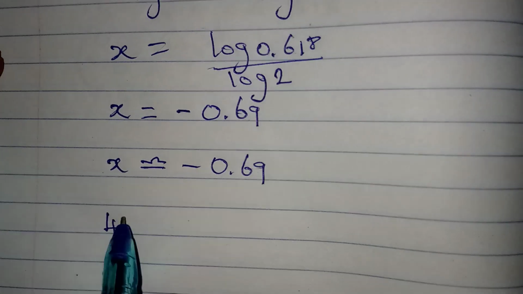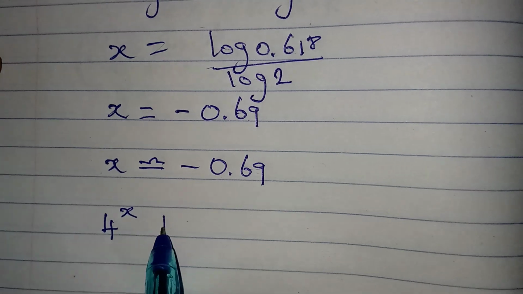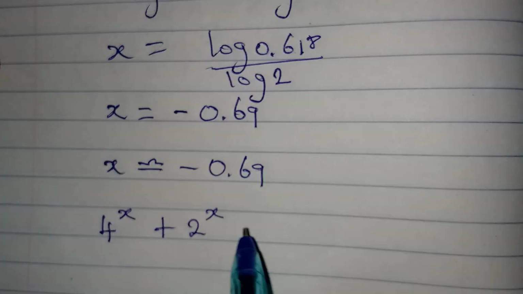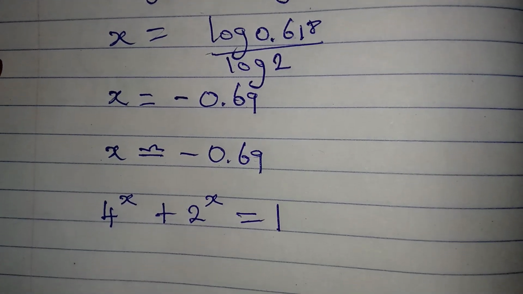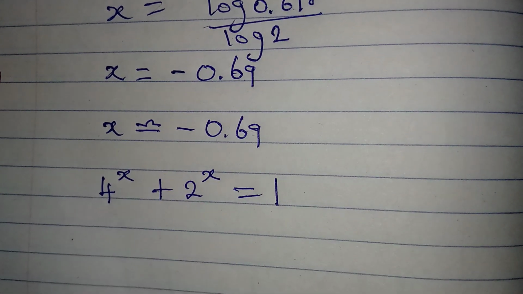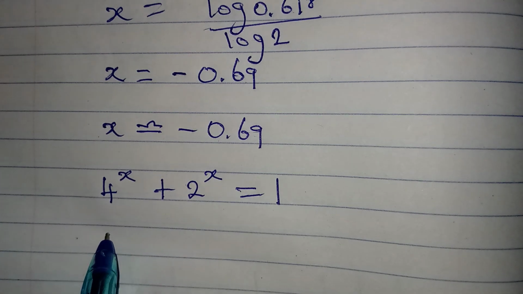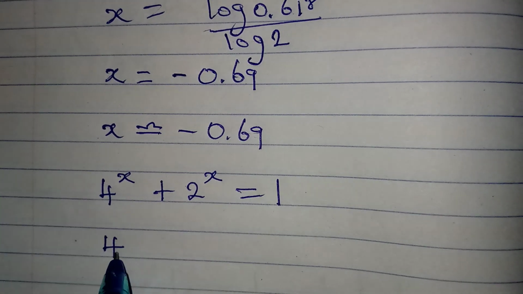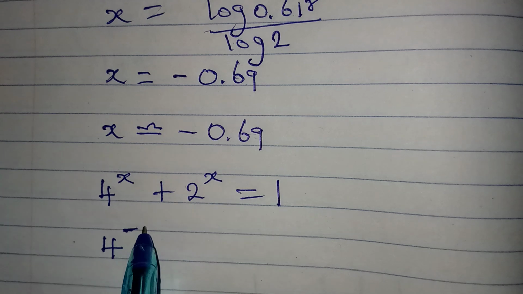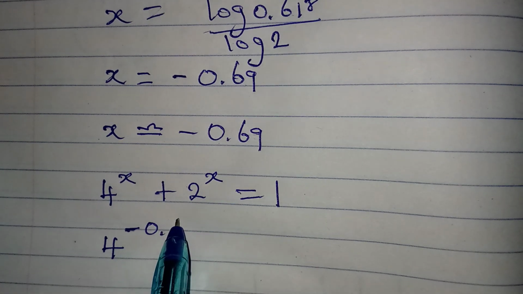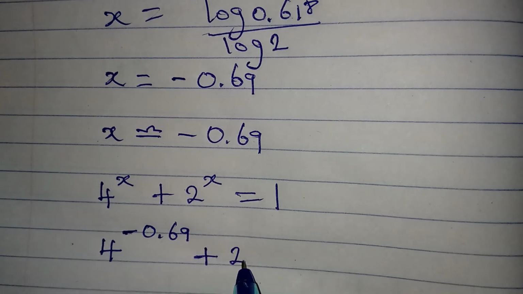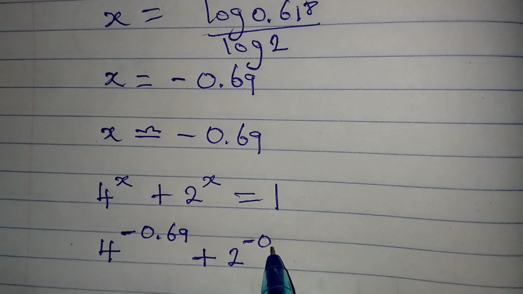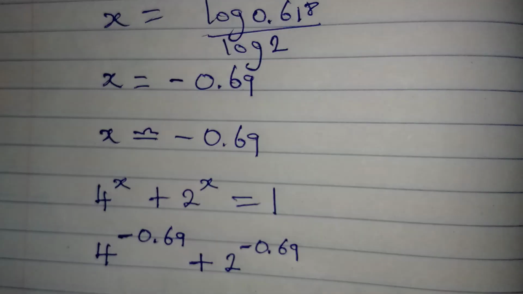We have 4 to the power of x plus 2 to the power of x equals 1. Now let's work on this. We are going to have 4 to the power of negative 0.69 plus 2 to the power of negative 0.69.